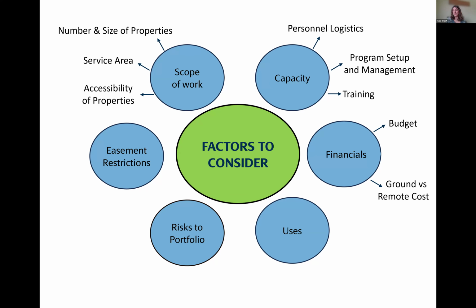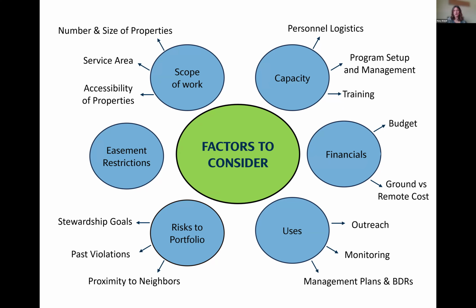You also want to consider financials. Does it fit into your budget? And what are you paying now? And what would you pay? What are you going to use the images for? You can certainly use it for monitoring, but you can also utilize it for things like outreach and management plans, baseline documentation reports. Do you have a high risk portfolio? How close are your neighbors? How many past violations are you dealing with?